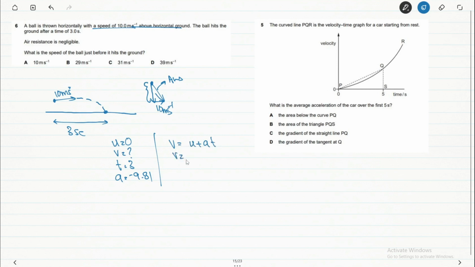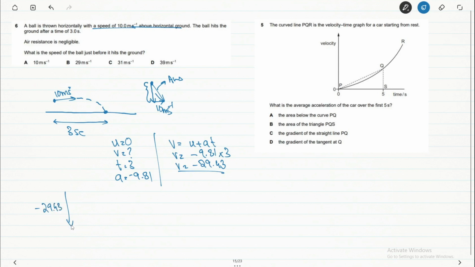So V is equal to U, which is 0, plus negative 9.81 multiplied by 3. So V is equal to negative 29.43. This is the vertical component. And it's negative, so you know it's downwards. You knew this even before solving the question, but it's nice that the equation gives you the answer as well.